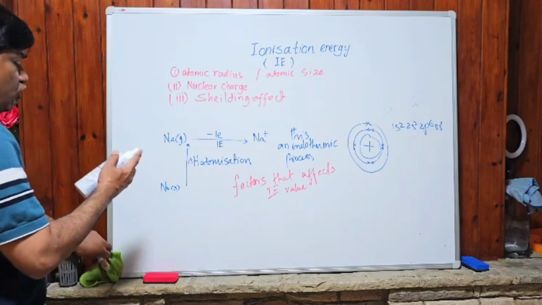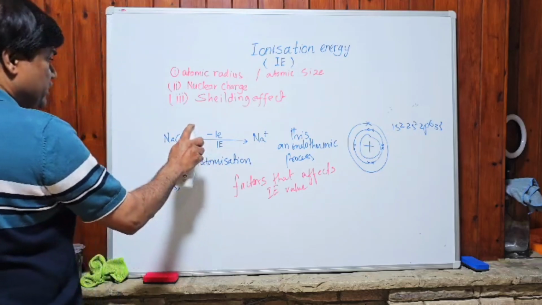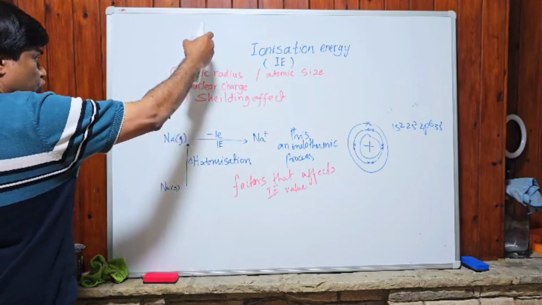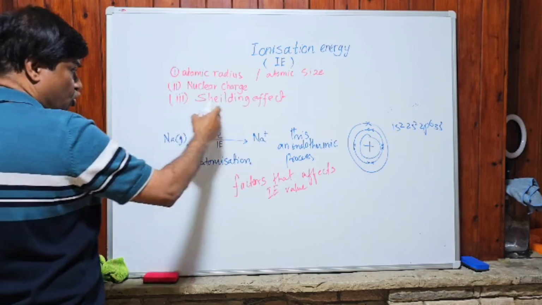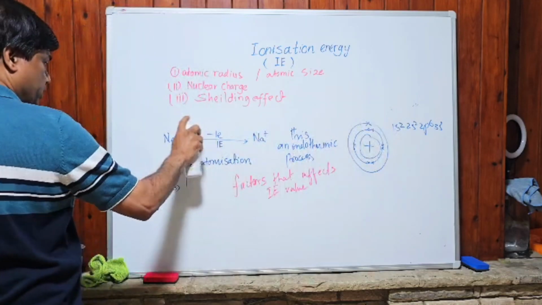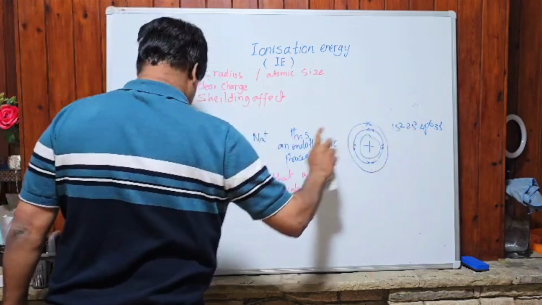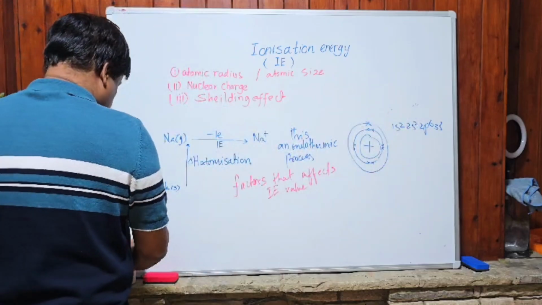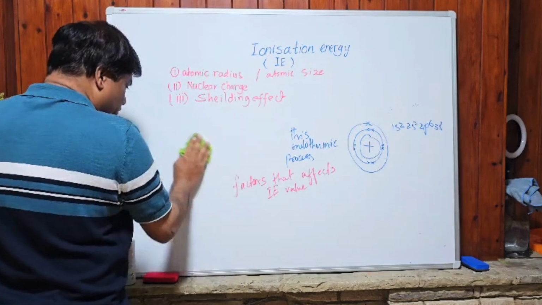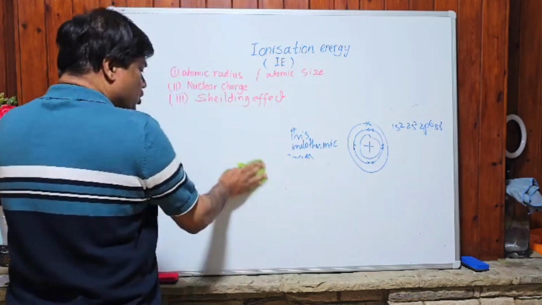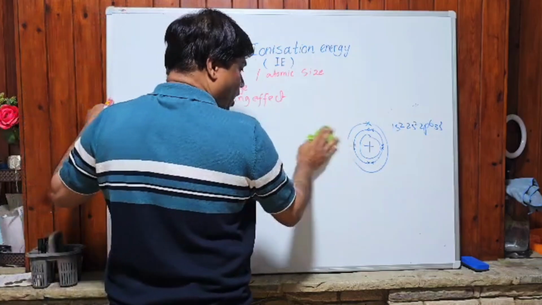Okay. Now, first thing, atomic radius. We will see how the atomic radius increases or decreases when we move down the group and when we go across the period. When we are going down the group, atomic radius increases. Why?